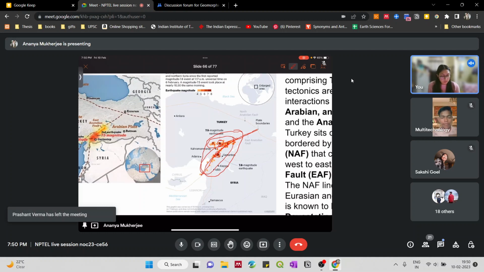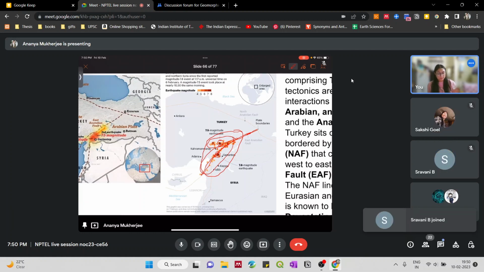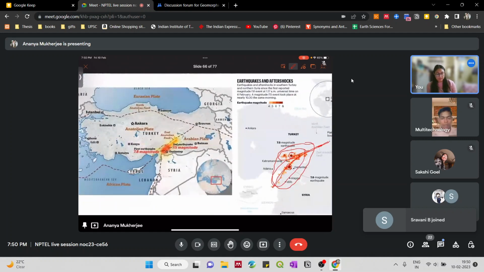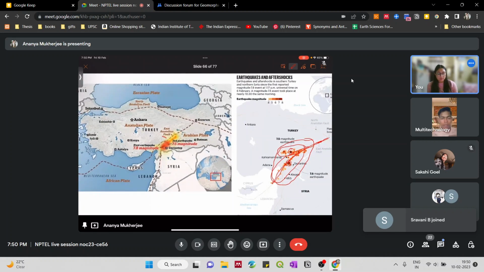This fault is actually existing between the Anatolian plate and the Arabian plate. So the 7.8 and the 7.5 magnitude earthquakes have all happened along these fault areas. That is the East Anatolian fault. This is where the earthquake actually took place.